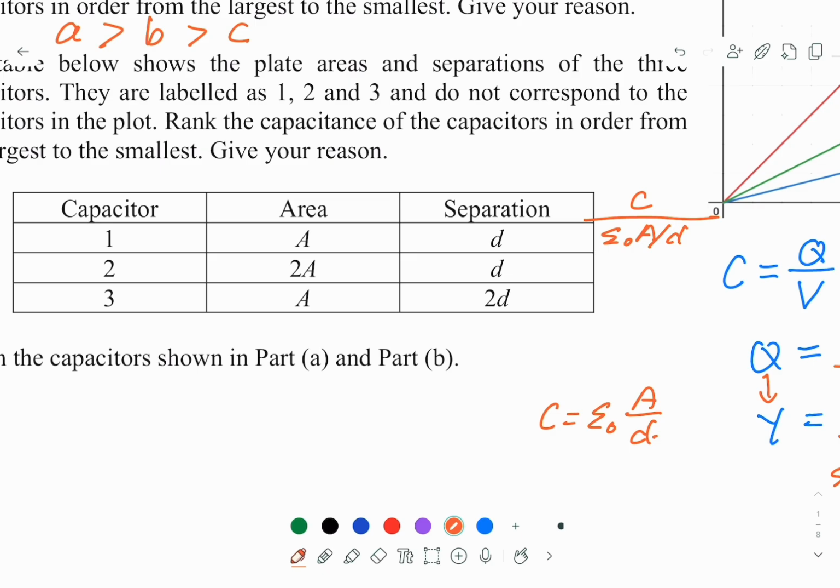Now, how about the second capacitor? Its area is 2A, with the same separation D. So the capacitance of capacitor 2 is epsilon 2A over D, which is twice as big as 1. How about 3? It has the same area as 1, but the separation doubled, so this is epsilon A over 2D.